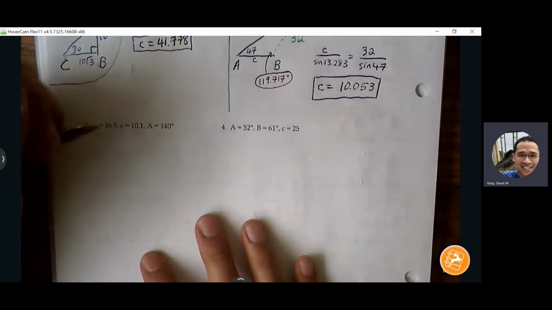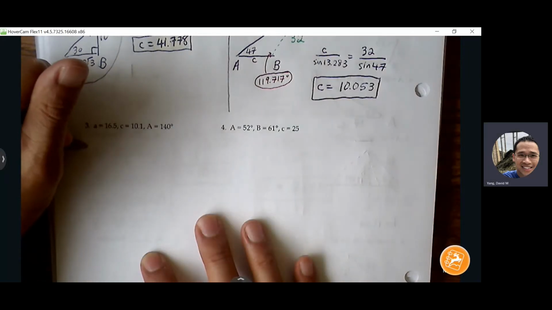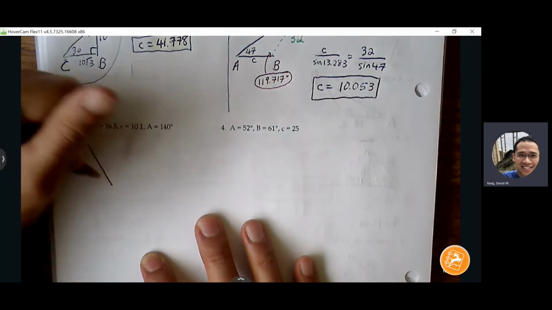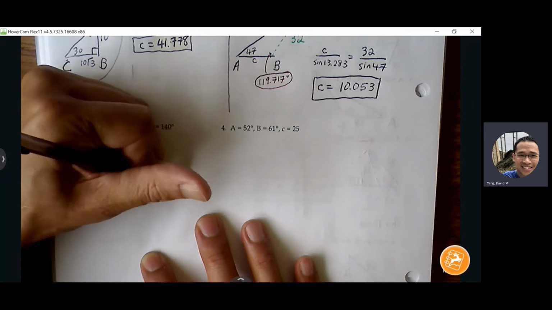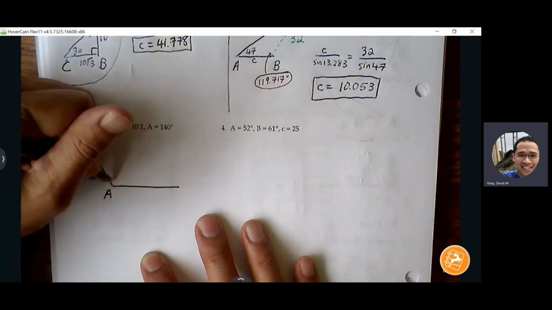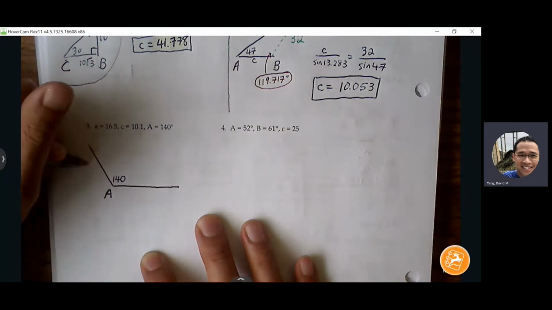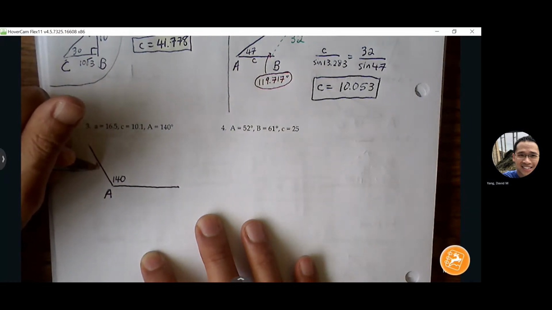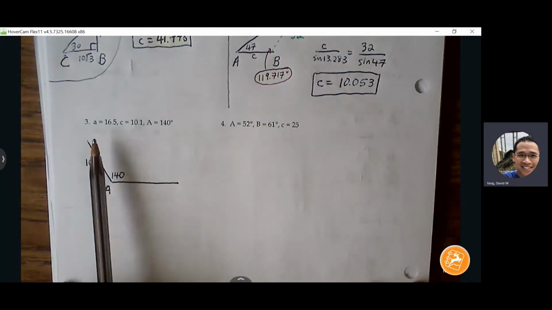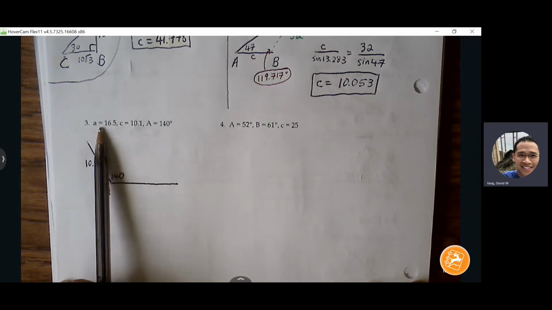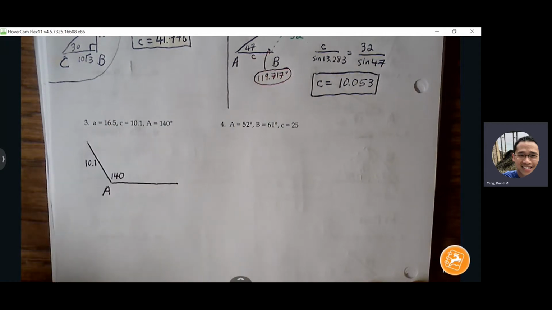Obtuse, right? Obtuse triangle. Okay, is this opposite side long enough to make a triangle? Yes.